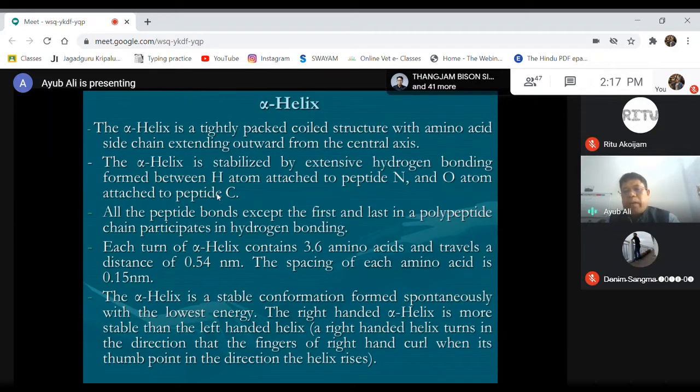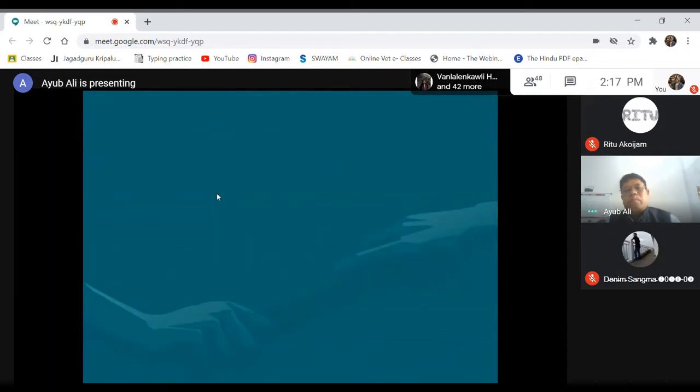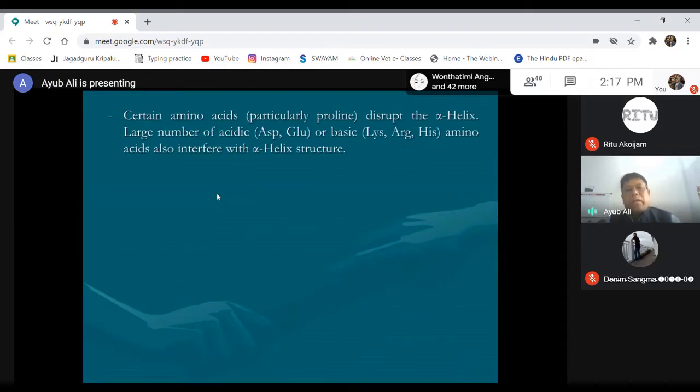A right-handed helix turns in the direction that the fingers of the right hand curl when the thumb points in the direction the helix rises. Certain amino acids, particularly proline, disrupt and destabilize the alpha helix. Large numbers of acidic amino acids, aspartic acid and glutamic acid, and basic amino acids, lysine, arginine and histidine, also interfere with the alpha helical structure.